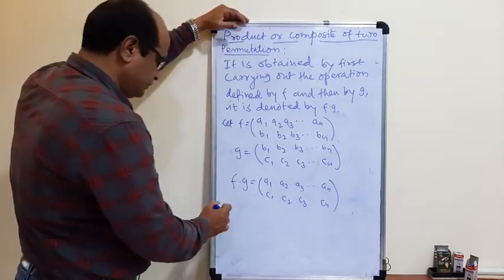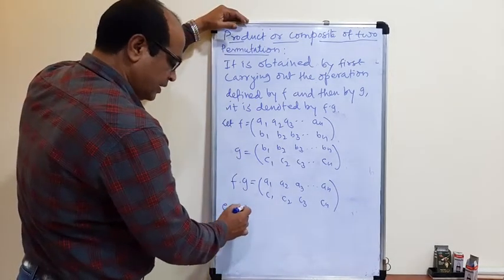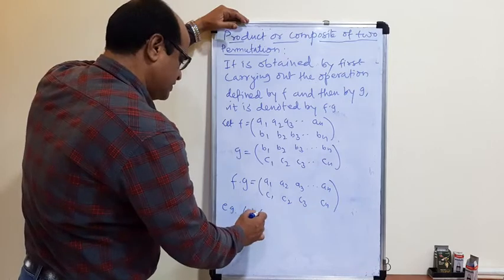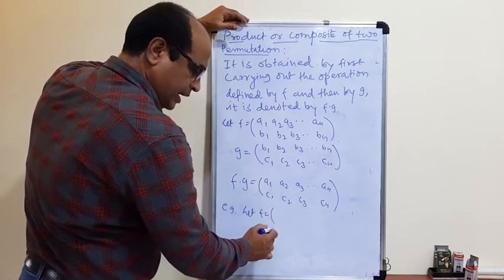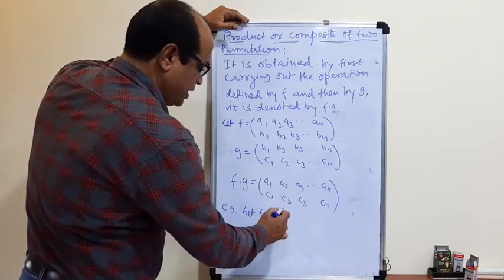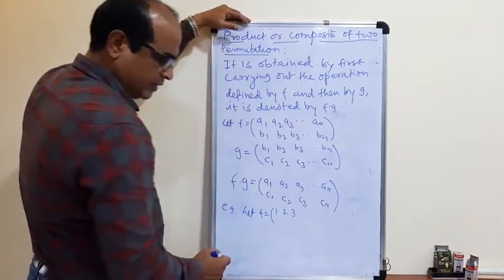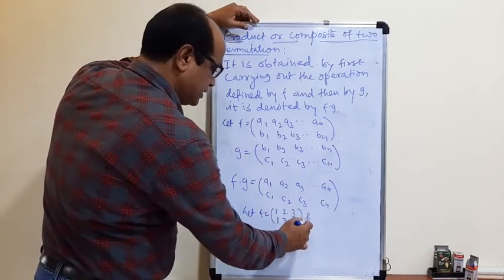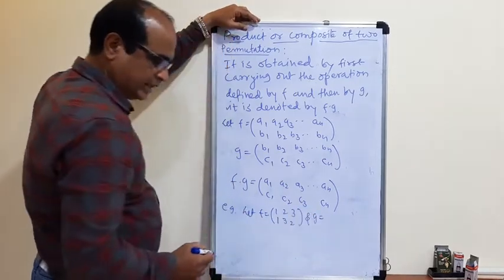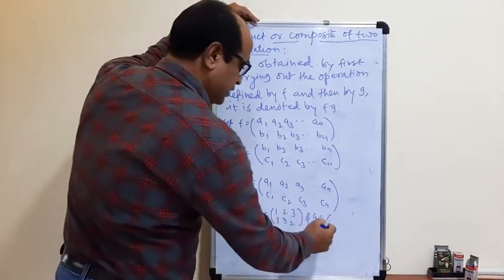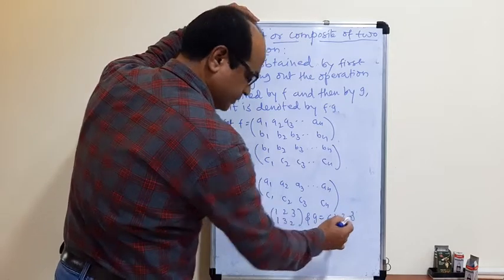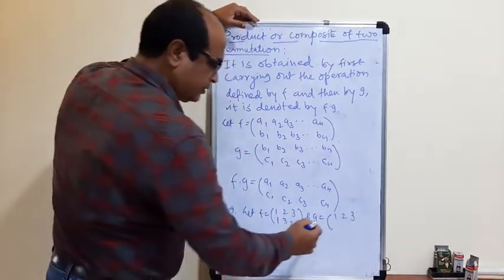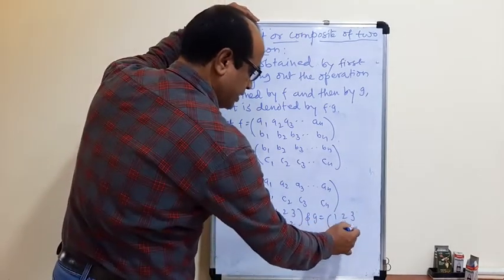So for example, let F be the permutation 1, 2, 3 over 1, 3, 2, and G be the permutation 1, 2, 3 over 2, 3, 1.